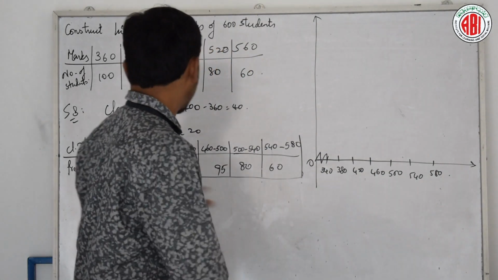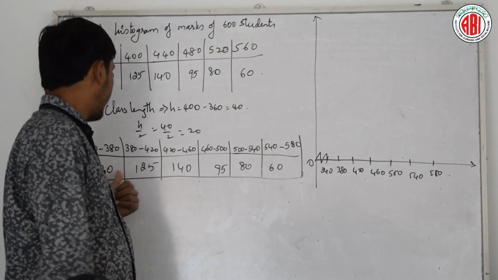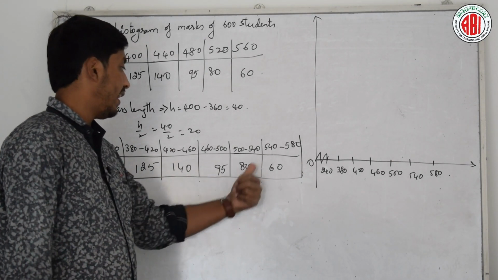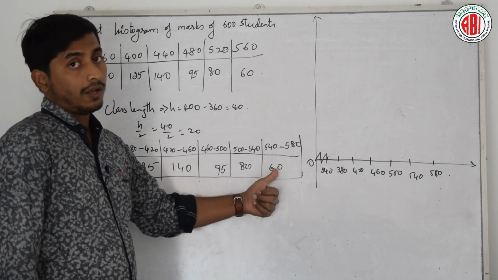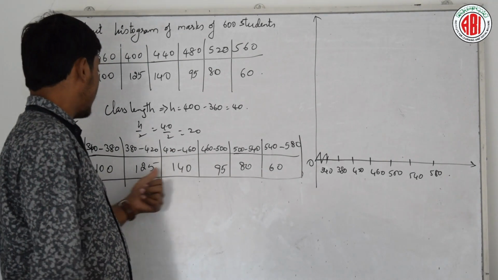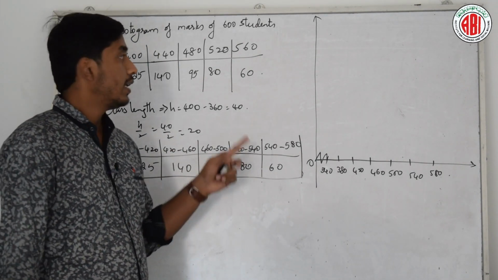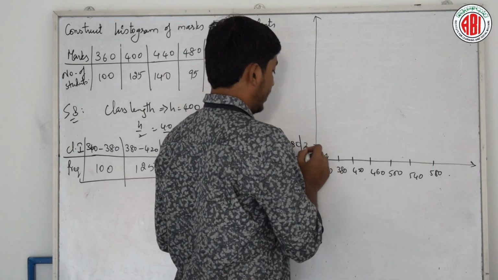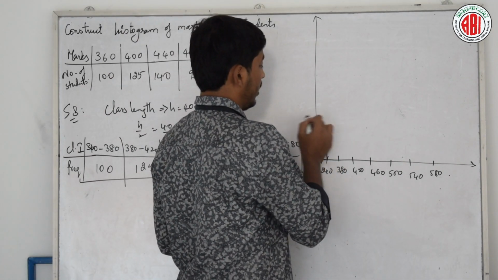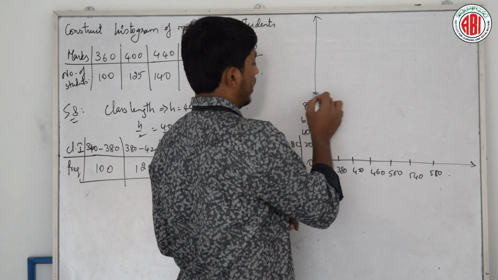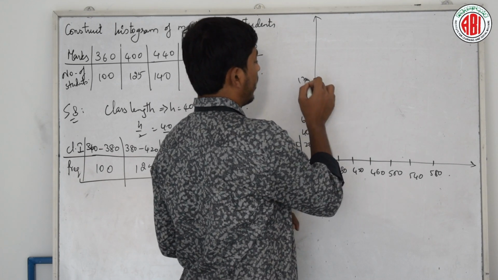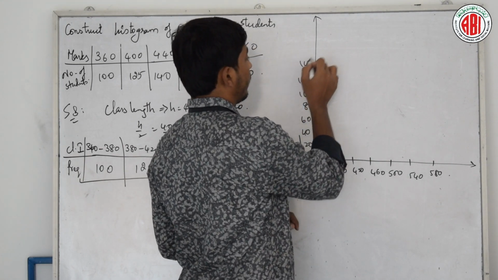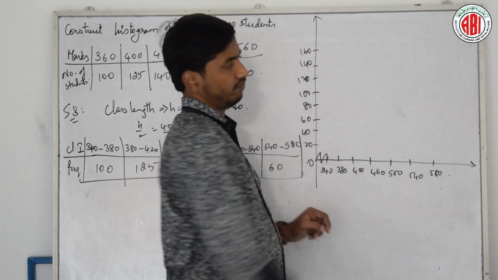Right? Now check out this frequency: 100, 125, 140, 95, 80, 60. The minimum is 60, maximum is 140. So let us take 20, 20. Now see here, 20, 40, 60, 80, 100, 120, 140 and 160 and so on.